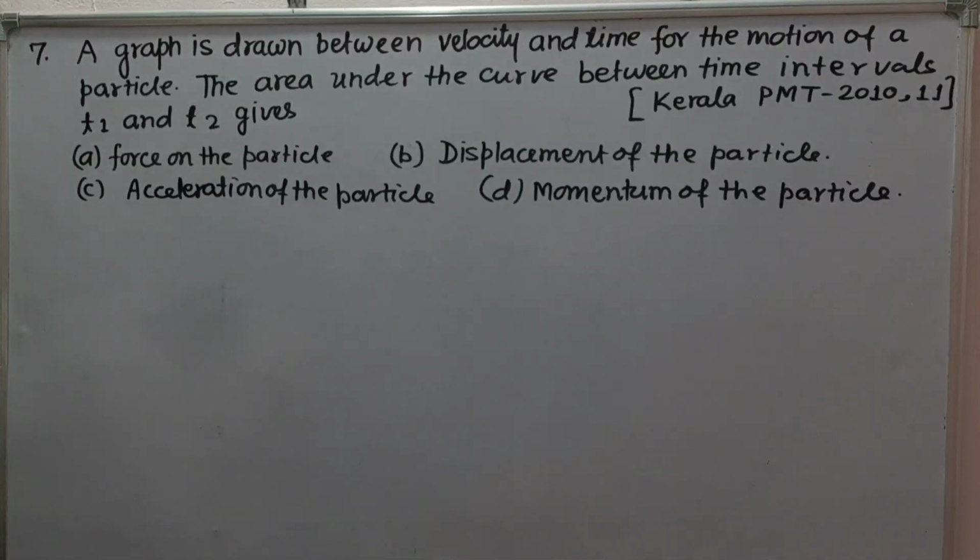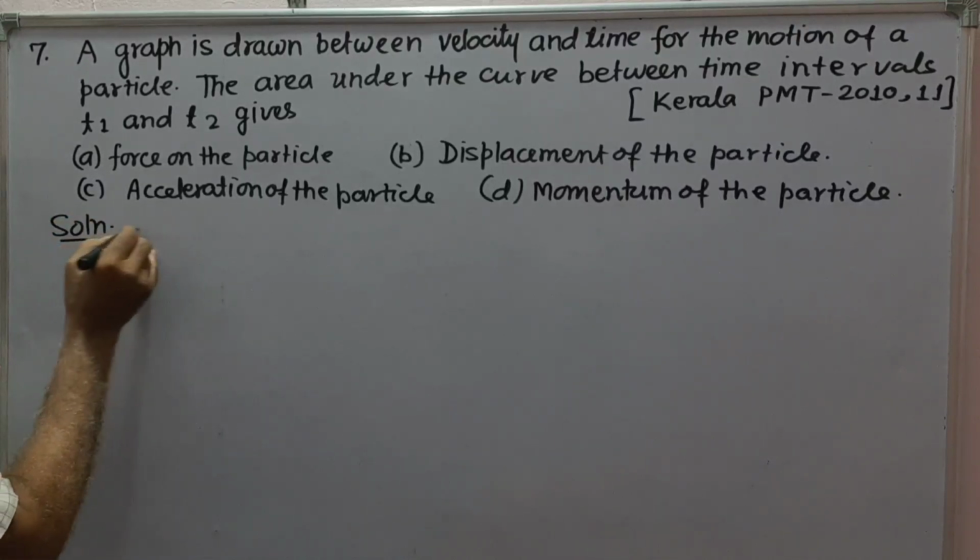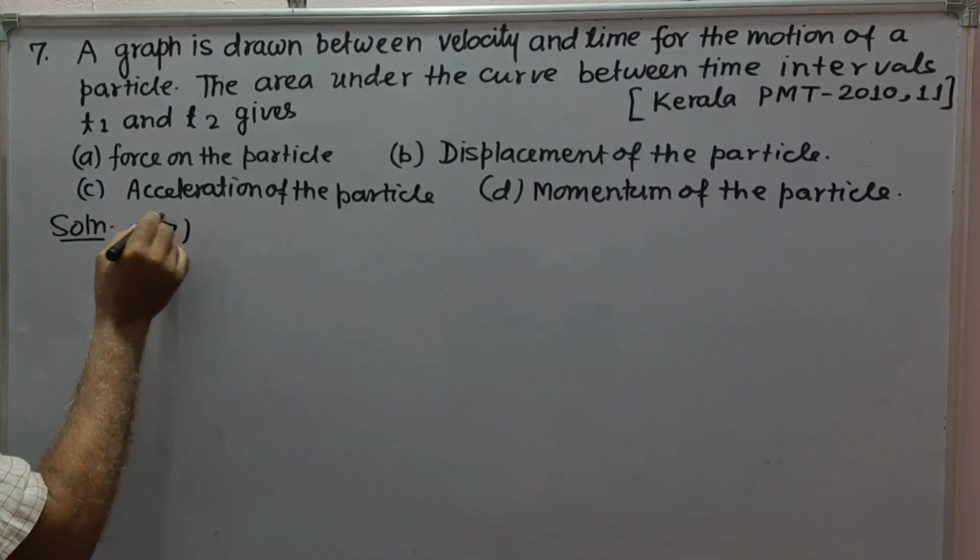Next question number 7. The question is, a graph is drawn between velocity and time for the motion of a particle. The area under the curve between time intervals t1 and t2 gives. These are the options. Now, solution to question 7.